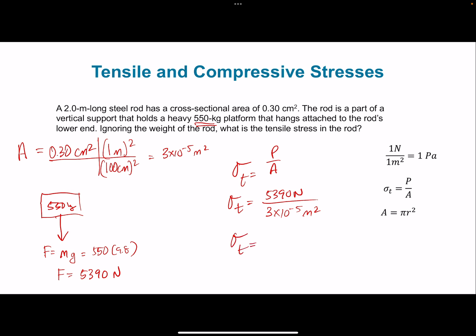Sigma T equals 1.80 times 10 to the 8th pascals. So a megapascal, just to let you know, there's 1 times 10 to the 6 pascals in 1 megapascal. So that would be 180 megapascals. So that would be the tensile stress in our rod. We didn't need the length of the rod in this case.